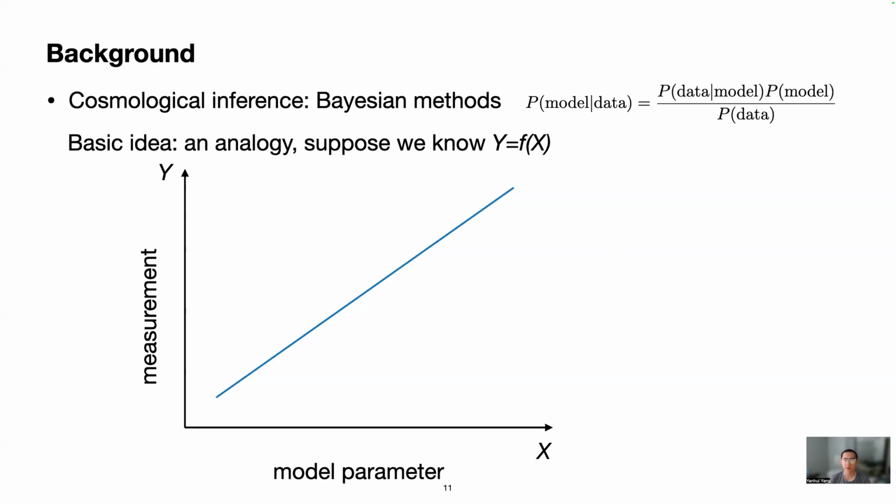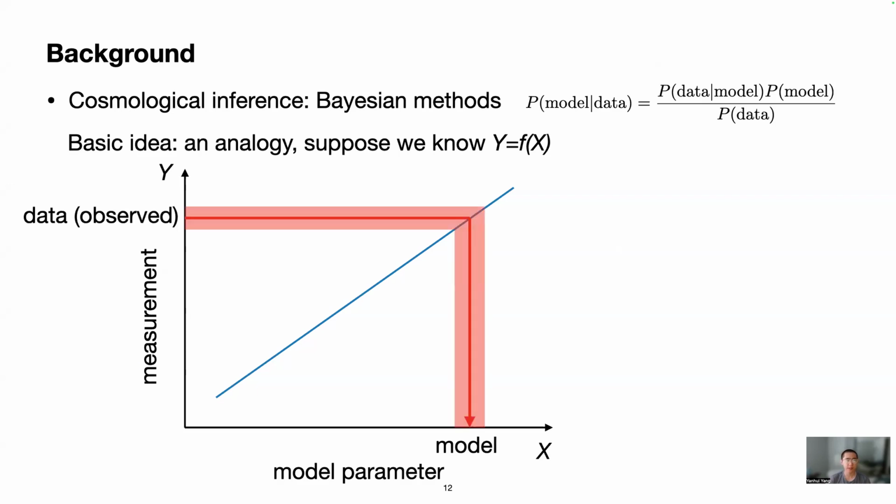Here, y is some quantity that we can measure, and x is the model parameter that we would like to constrain. Then, naturally, if we got the data from observation, we can infer the model.